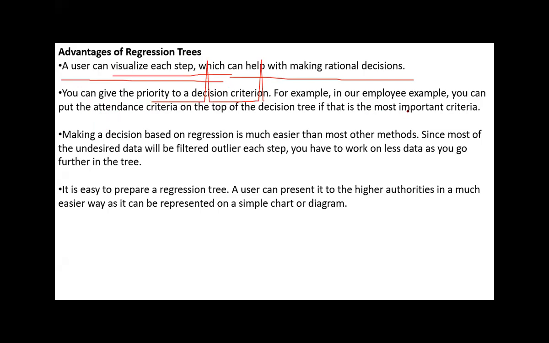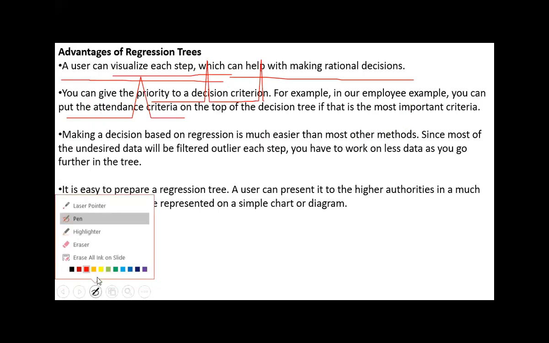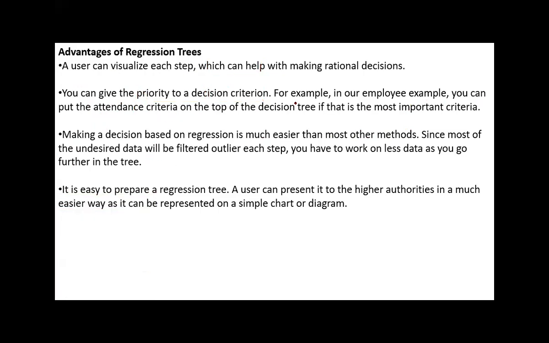For example, in our employee example, you can put the attendance criterion at the top of the decision tree if that is the most important criterion. Then attendance gets the highest priority.